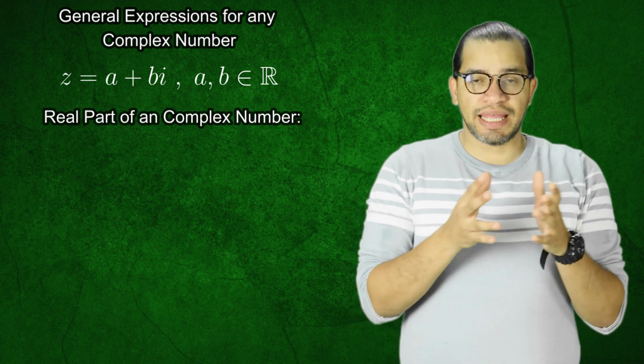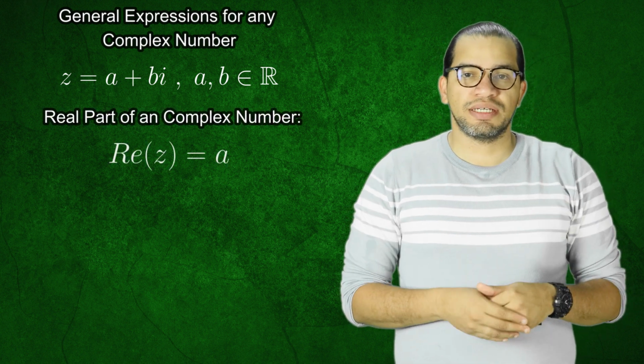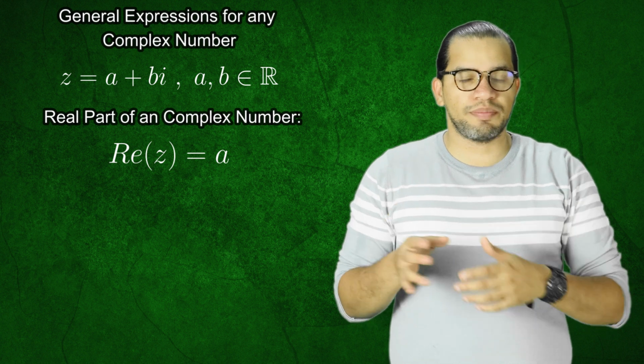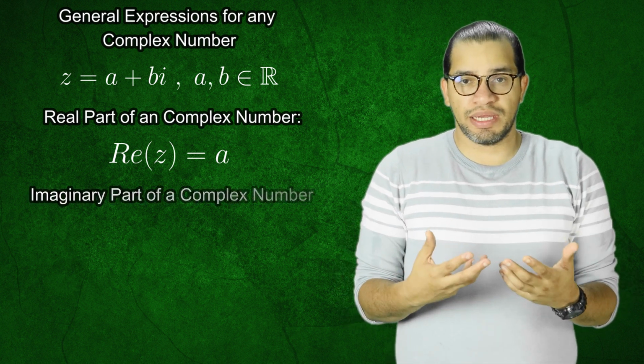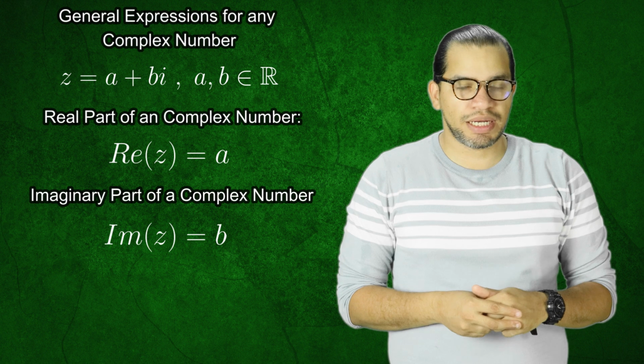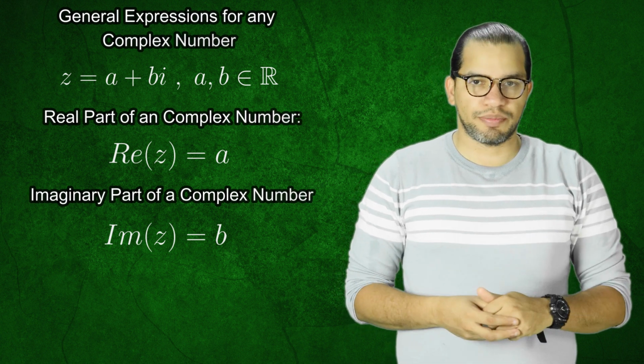We say that a represents the real part of the complex number, whereas b represents the imaginary part of the complex number.